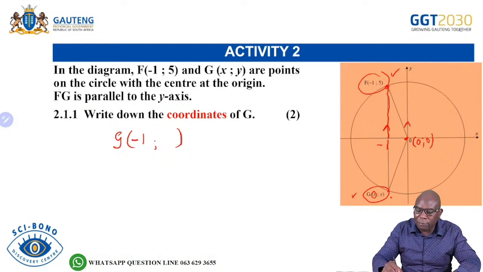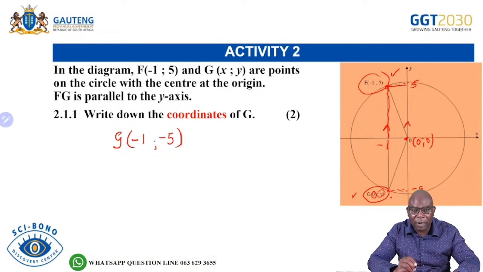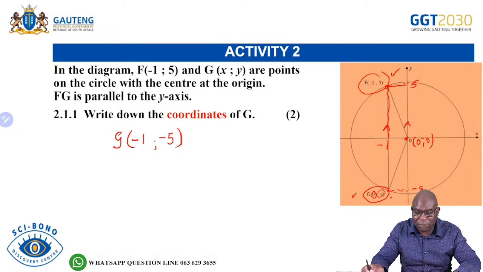But there I have a 5, but that Y value cannot be a 5 because 5 is on there. So that point there will be a -5. In other words, my G point, my Y value will be -5. So I'll have a -1 and a -5.